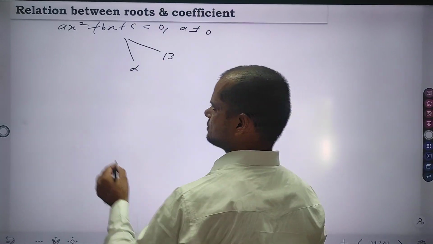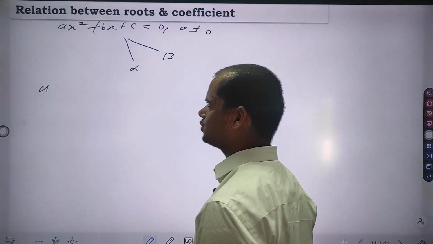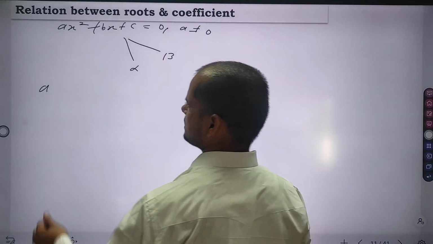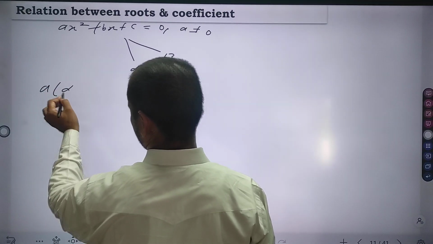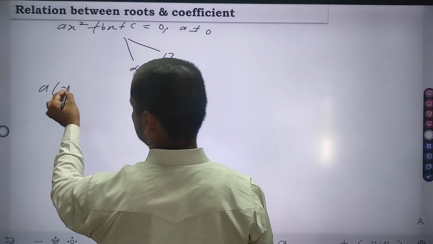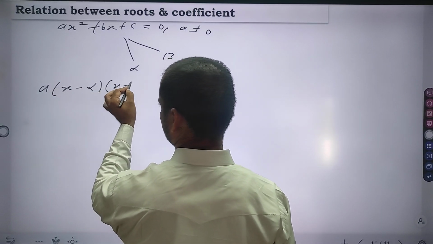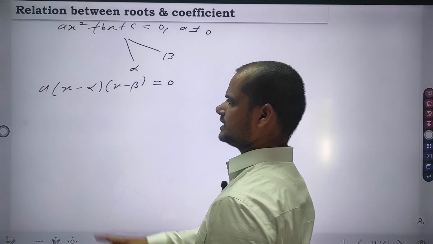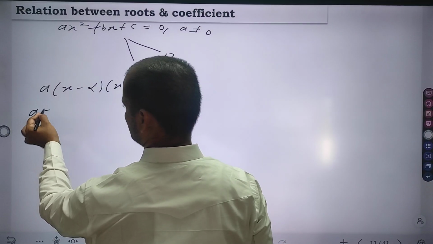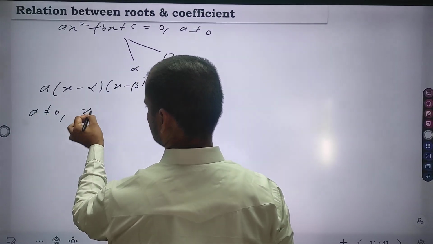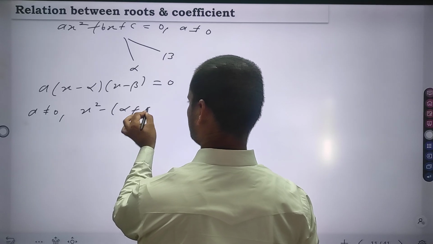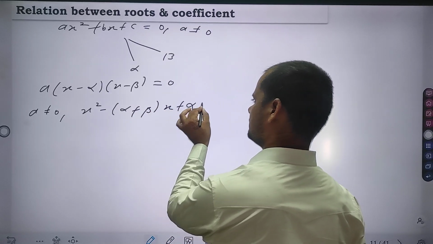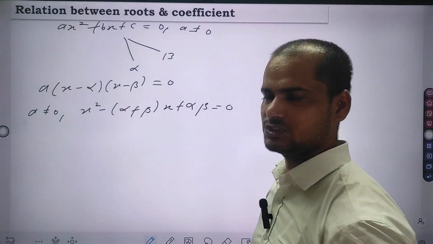Any quadratic equation which has two roots alpha and beta can be written as (x minus alpha) into (x minus beta) equal to 0. Since a is not equal to 0, this can be written as x square minus (alpha plus beta) into x plus alpha into beta equal to 0.